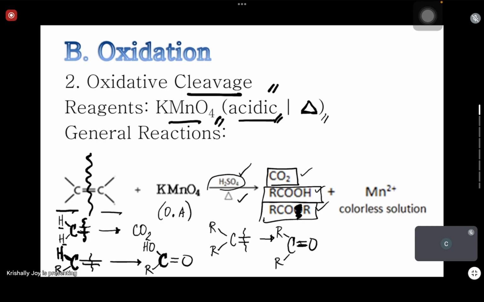Di ba? Ito yung carboxylic: carbon double bond O, then merong OH. And then, if puro R group naman naka-attach sa cleaved portion ng alkene, that becomes a ketone. Sige, let's have an example.